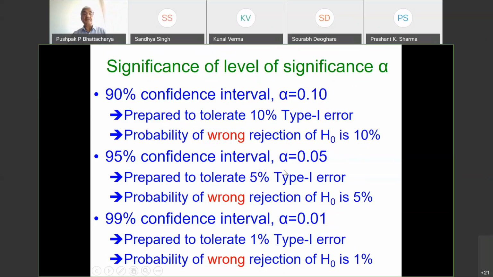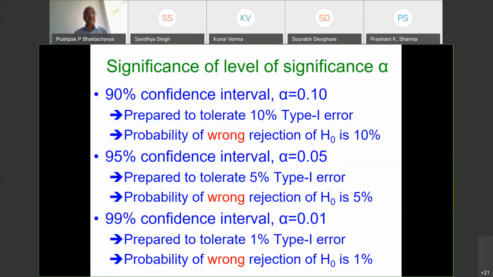For a 95% confidence interval, where alpha is 0.05, it similarly means we are prepared to tolerate 5% of type 1 error, and the probability of wrong rejection of H naught is 5%. For a 99% confidence interval, alpha is 0.01, prepared to tolerate 1% type 1 error, and the probability of wrong rejection of H naught is 1%.